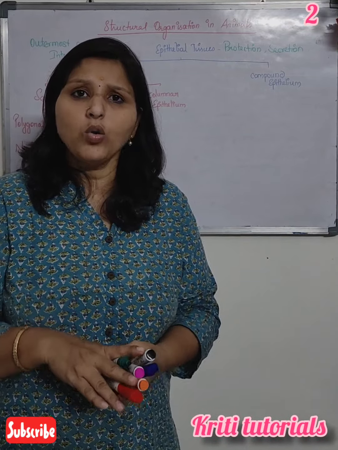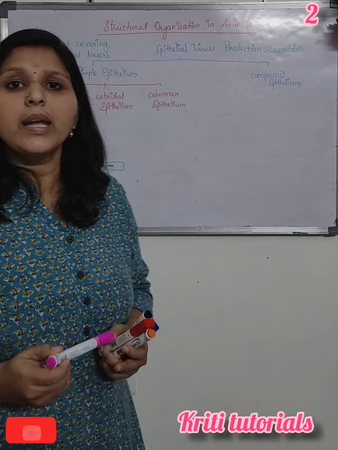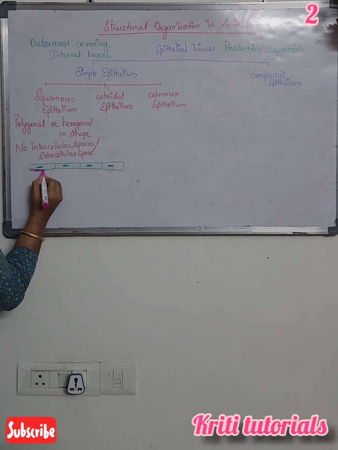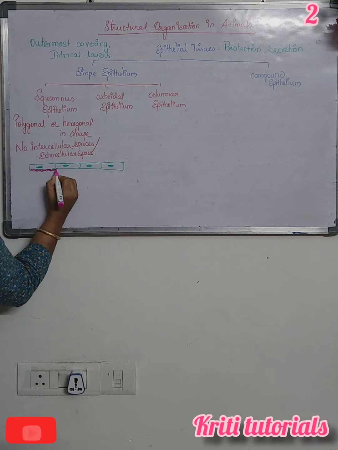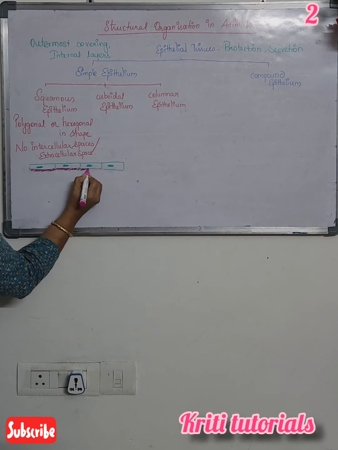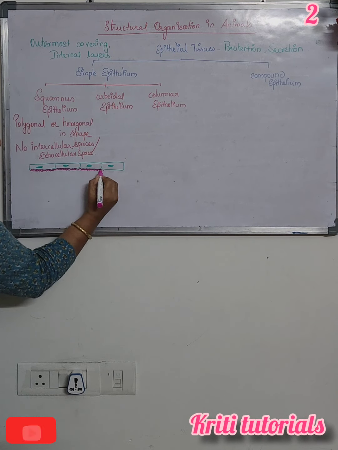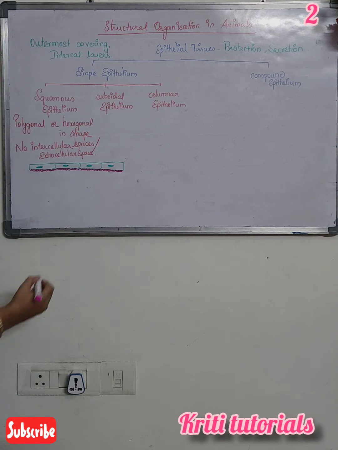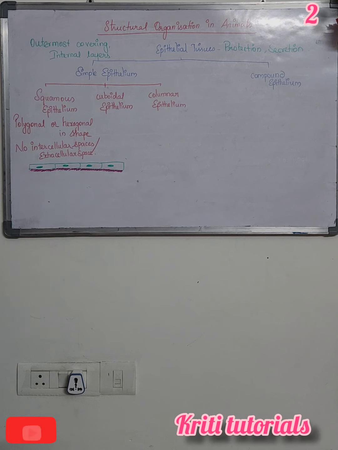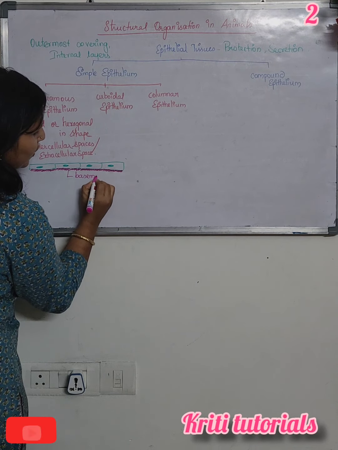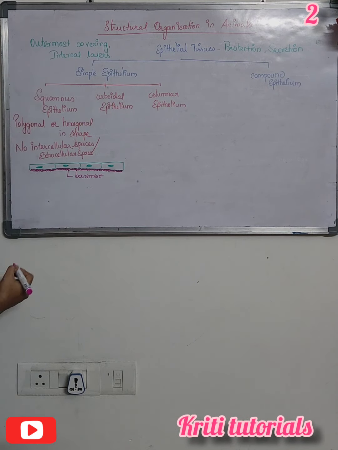Instead, how do they get their nutrients? Epithelial tissues rest on the basement membrane, and this basement membrane provides sufficient nourishment to them.